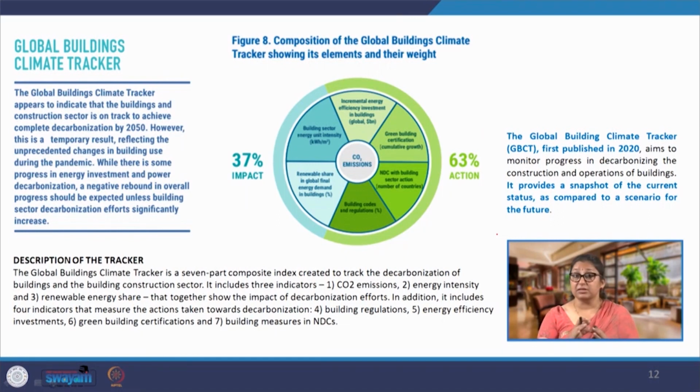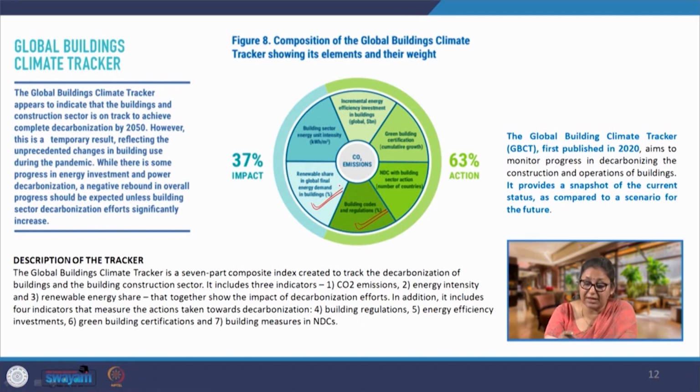They have also developed a global buildings climate tracker, where they are looking at how much of the emissions and the impact on carbon dioxide emissions is coming from each of these activities. For example, we are talking about building codes and regulations, and how much impact this has on carbon dioxide emissions, or the renewable share in global final energy demand in buildings. So, this is another activity which is significantly affecting the GHG emissions coming from the building and construction industry.